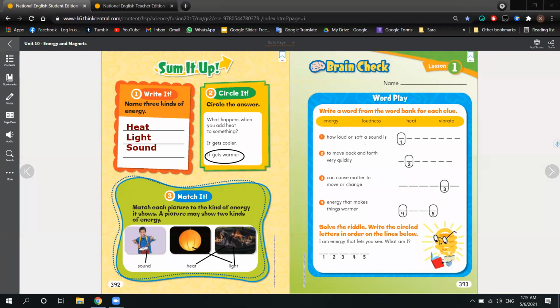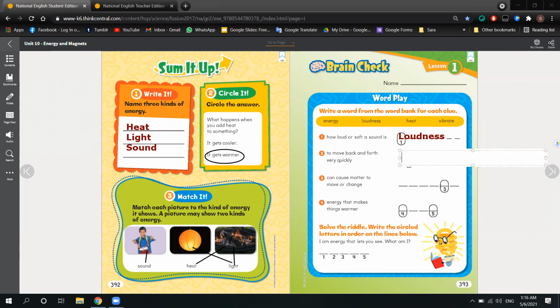Now let's do this together. How loud or soft the sound is? It is loudness, okay? So let's do it together and write. I'm not gonna write it correctly, so you have to write each letter here, okay? And this one has to be here and so on, okay? Now, the second one, to move back and forth very quickly, it's vibrate.